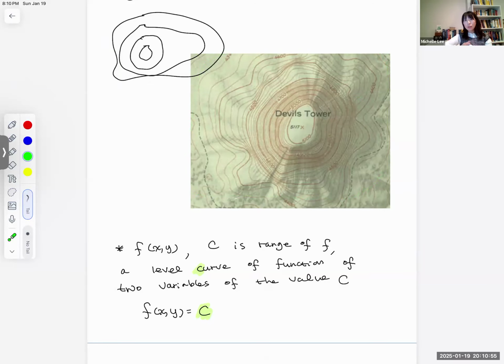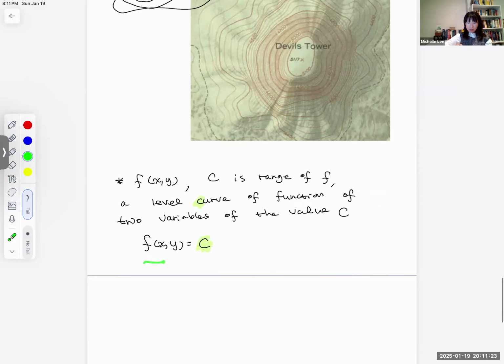We've seen this one in real life, right? Okay, so we have f of x, y, and c is in the range of f. Then the level curve of a function of two variables for the value c is f of x, y equal to c.